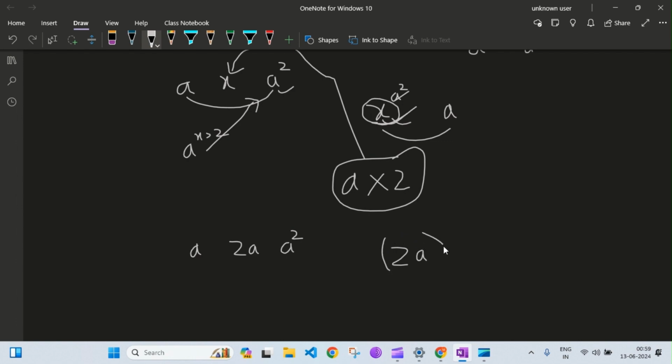Let's say 2a to the power something y. It is definitely divisible by a, right? So that's what my approach was.